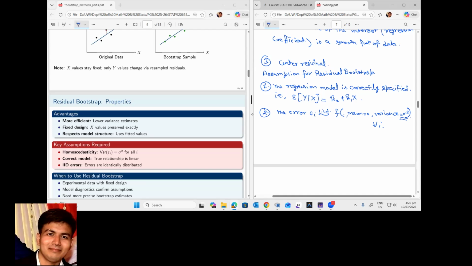So this method is sensitive to model misspecification. If the true relationship is non-linear, the residuals will reflect that, and resampling them will produce unrealistic bootstrap samples. So these are the assumptions, and the limitation is that if the variance is not constant, it will be problematic.